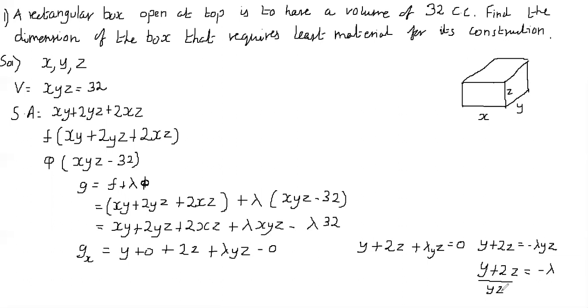In a similar fashion, we will take the same equation and differentiate partially with respect to y and z. So we take the g equation, that is g equal to xy plus 2yz plus 2xz plus lambda xyz minus lambda 32.